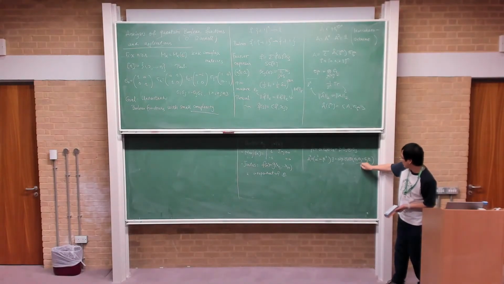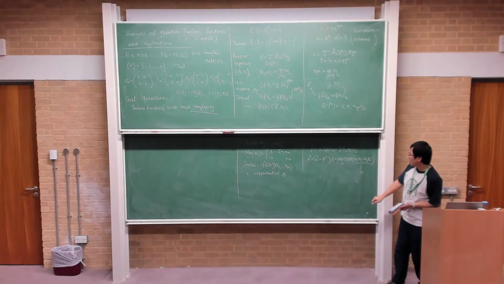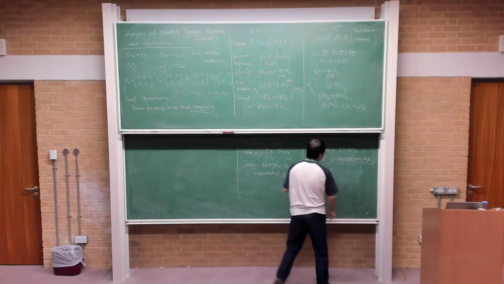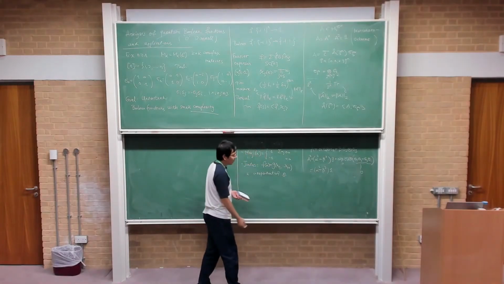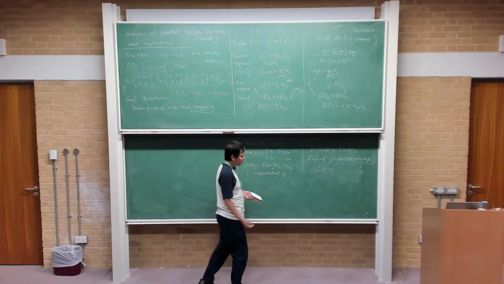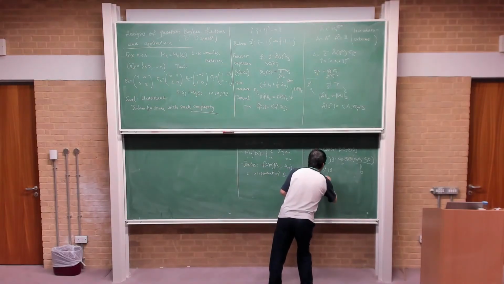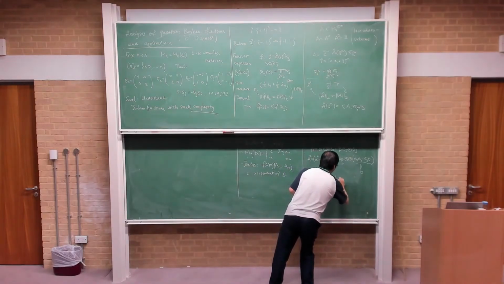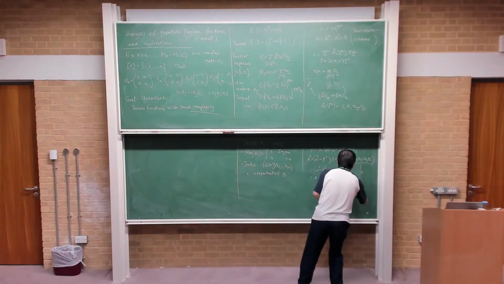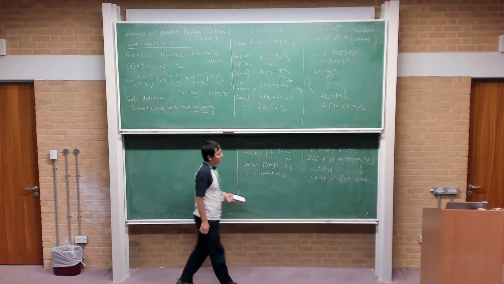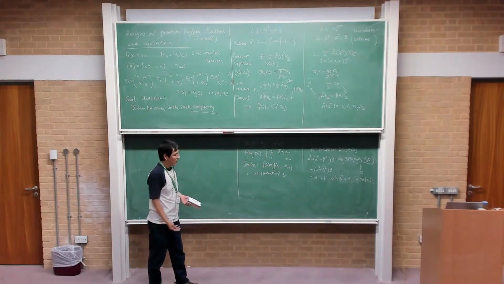So this part vanishes, and you are left with alpha square plus beta square times identity. So you know that this is a self-adjoint unitary, or quantum Boolean function, if alpha square plus beta square is equal to 1.